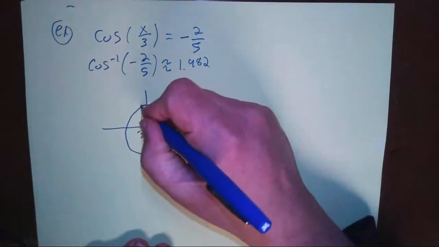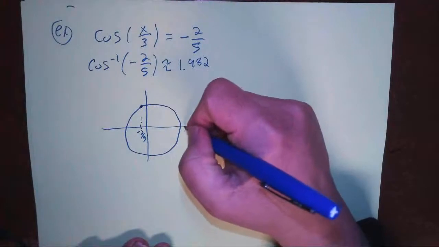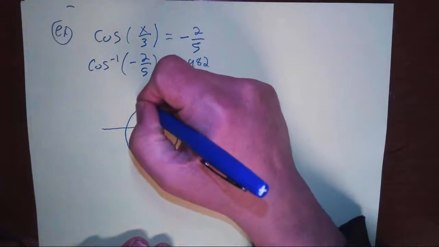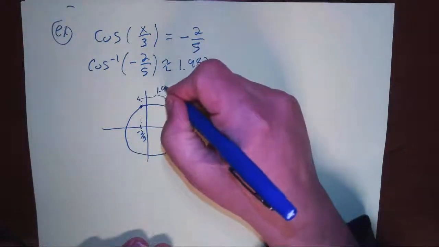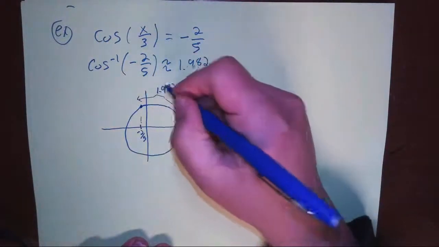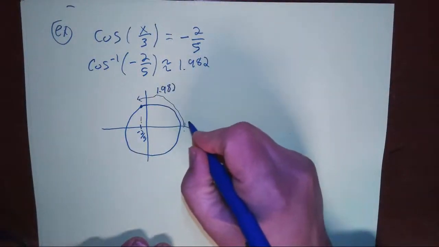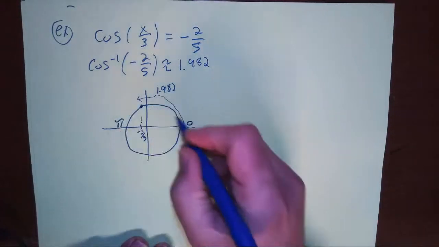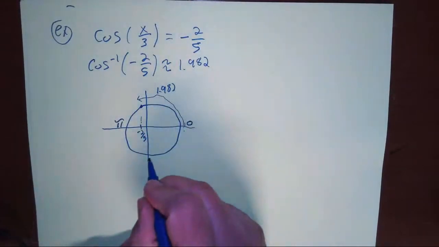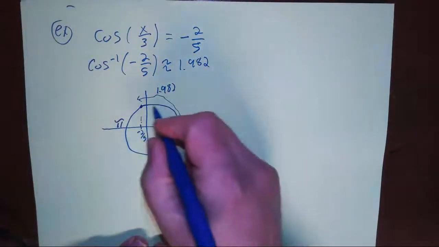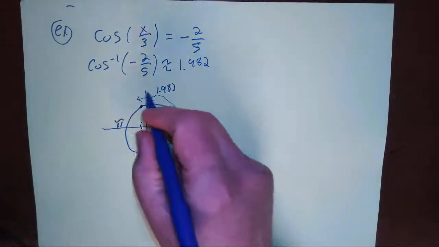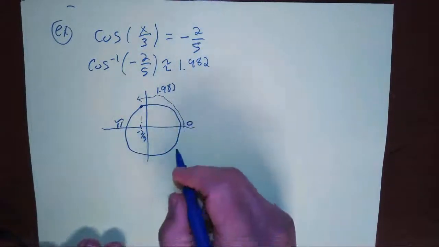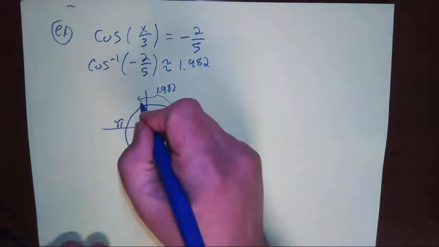One of them will be this point up here, and this angle here is 1.982. Remember, inverse cosine gives you an angle between 0 and pi, while inverse sine gives you an angle between negative pi over 2 and pi over 2.